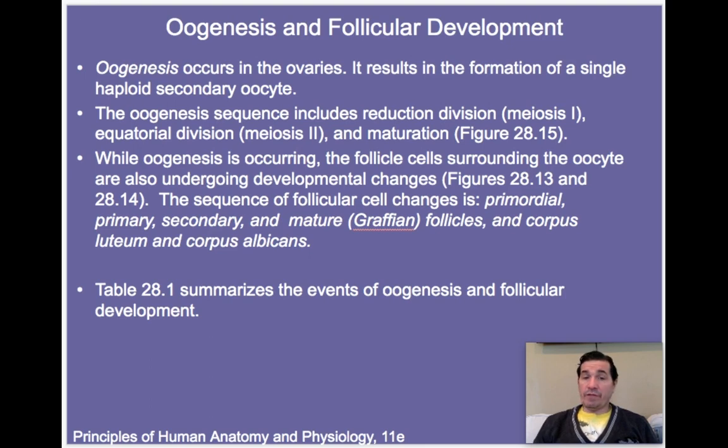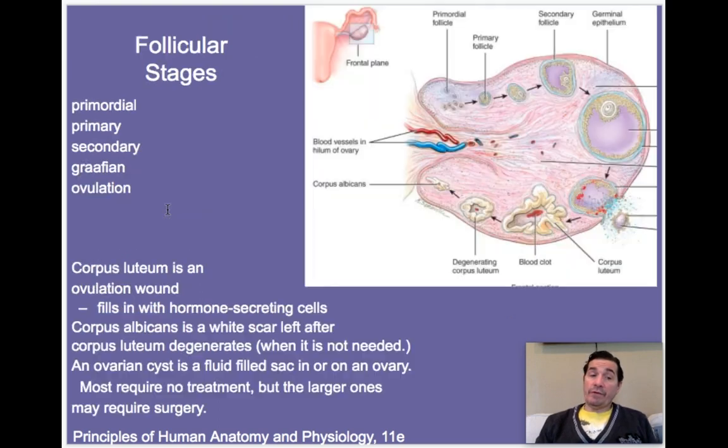In oogenesis, you have these developments: primordial, primary, secondary, Graafian, which is a mature follicle, corpus luteum, and then corpus albicans. But meiosis 1 occurs during this progression into a Graafian follicle, and then for meiosis 2, fertilization is actually required.